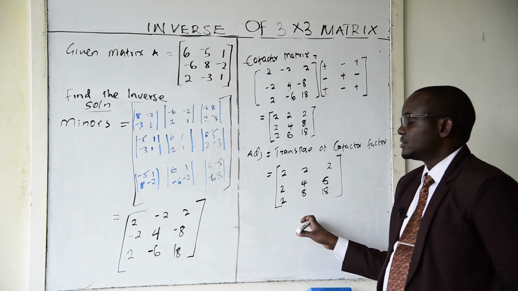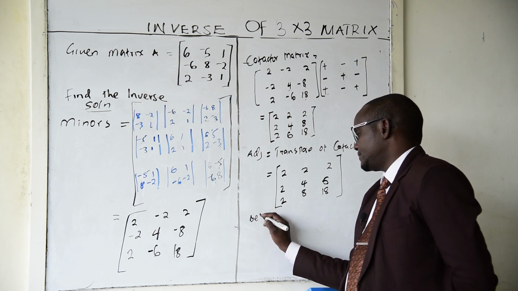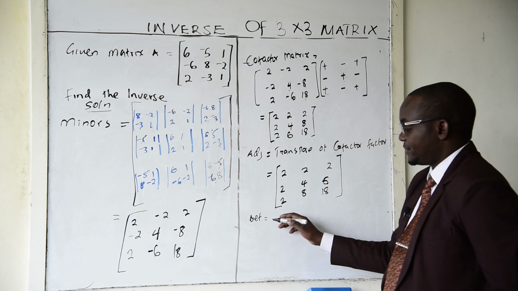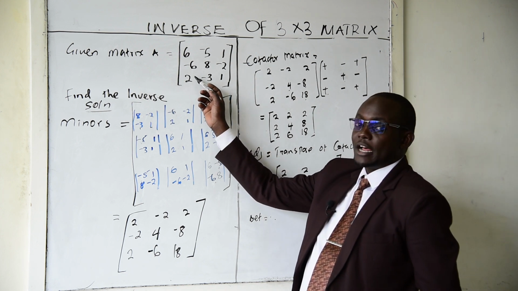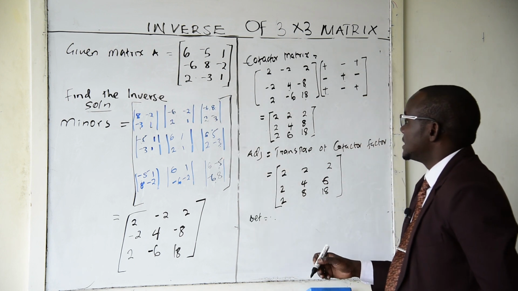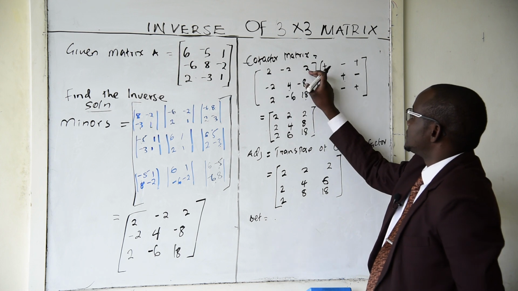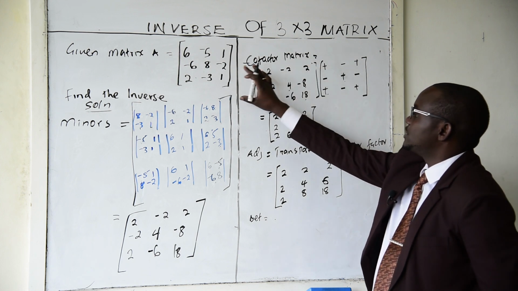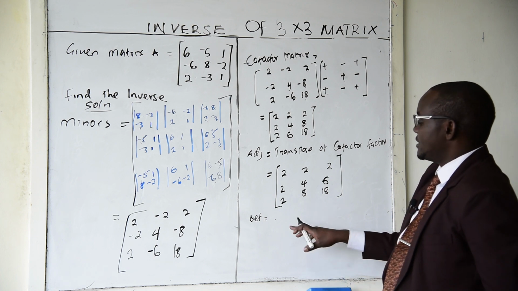From this, the next step is to find the determinant. You can refer to the previous video where we have done the full video for the determinant. However, the determinant of this matrix can be given in a simple way.